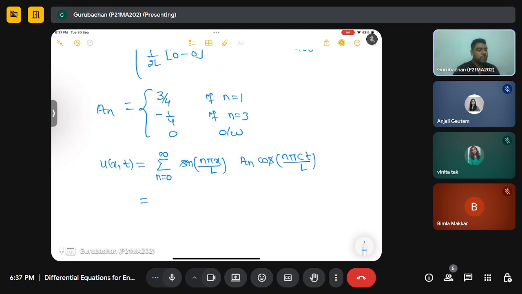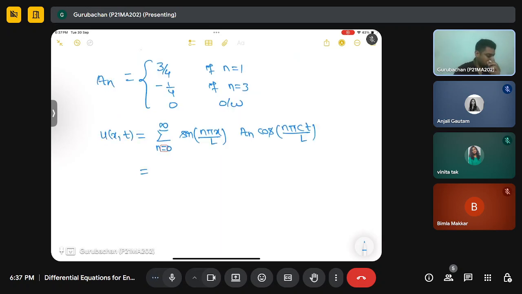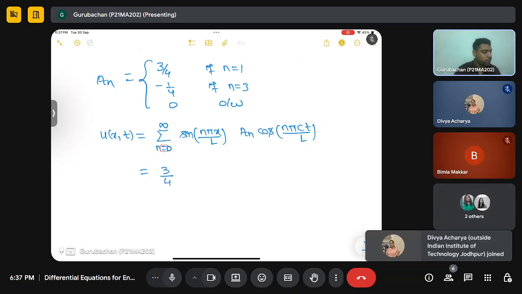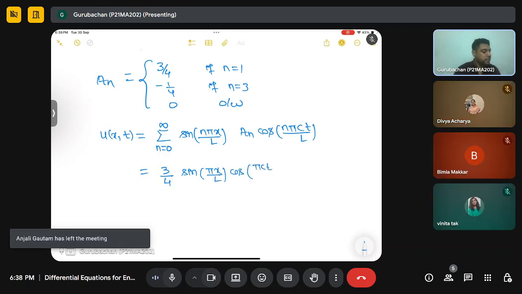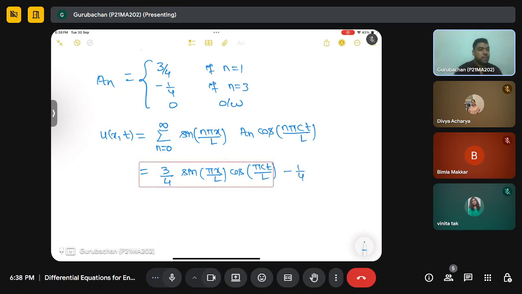This was our series. Now since n equal to 0, a naught is 0, so 0, and a1 is 3 by 4 sin, since we are putting n value 1, so this will be pi x by L cos(pi ct by L), minus 1 by 4, corresponding to n equal to 3, sin(3 pi x by L).